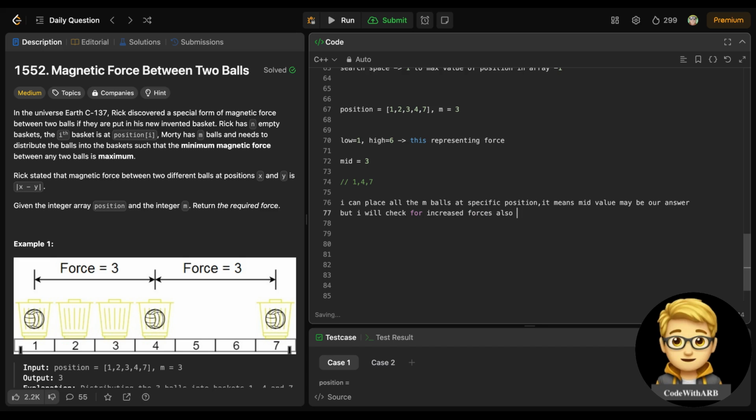Because we don't know whether at increased forces, mid equal to 4 or 5 or 6 or 7, we can also place all the balls, right?